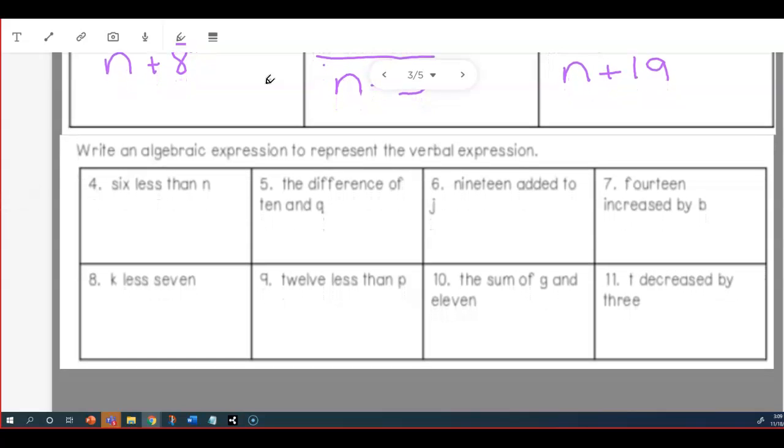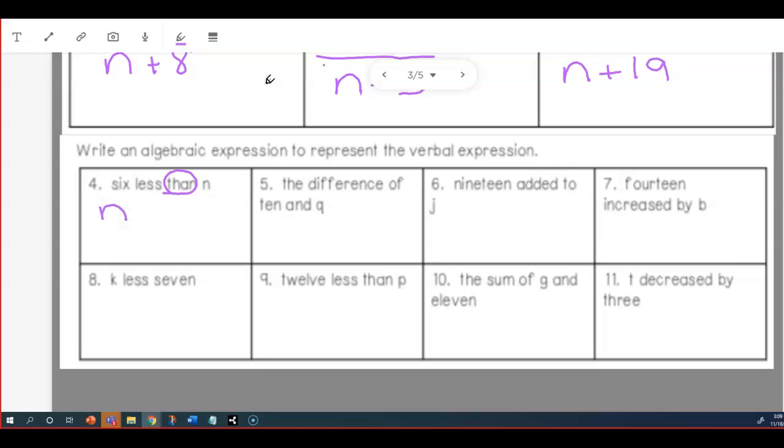All right. Write an algebraic expression to represent the verbal expression. Okay, so this time they're going to tell me what letter to use. Remember whenever we write variables, it's lowercase. So 6 less than n. There's that word again. 6 less than n. N minus 6. Instead of 6 minus n, which I would normally want to do going from left to right, it's backwards.